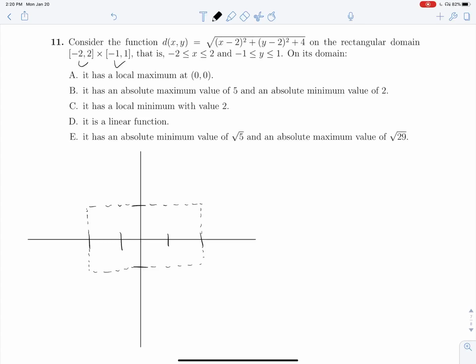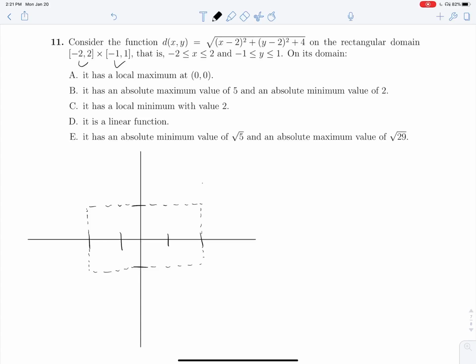We are trying to figure out a fact about this function d on this domain. It's important to look at what this function is doing. This is a distance formula when it comes down to it, and we're finding the distance away from the point (2, 2), which you can pull out of here. x equals 2, y equals 2 solves that equation.